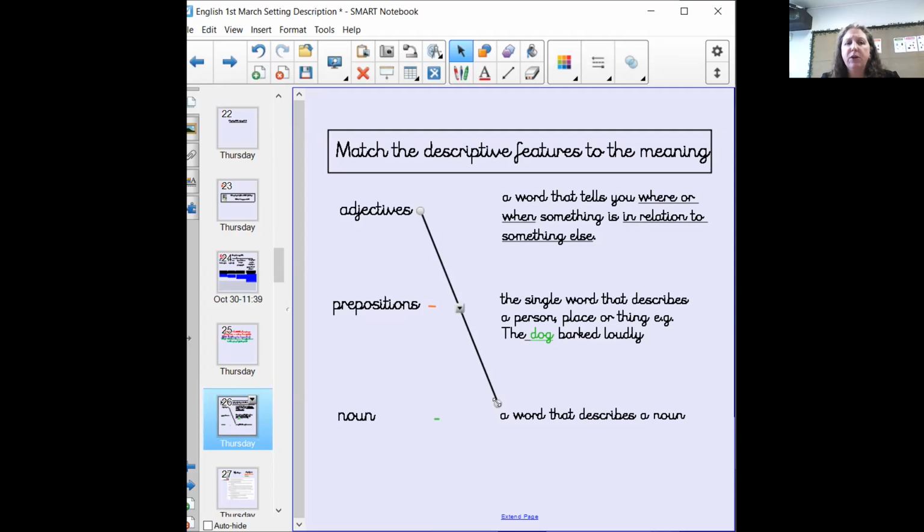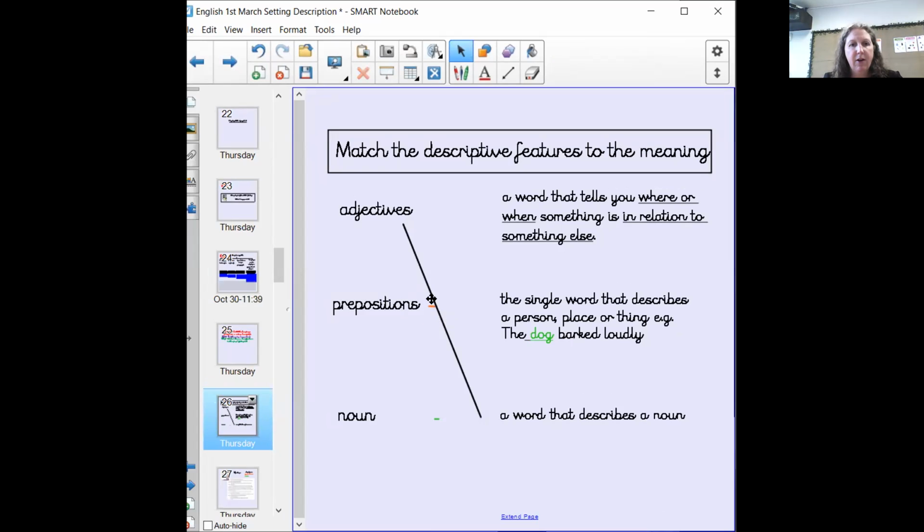A preposition. So last week, I know that Miss McCabe was looking at prepositional phrases with you when you were doing your myth. So have a think, a preposition. What did we say a preposition was? Okay, fantastic. So if I can just highlight this one now.